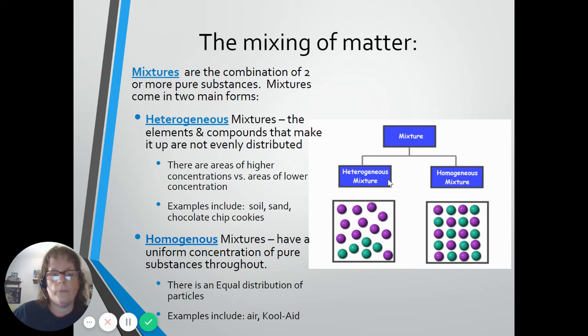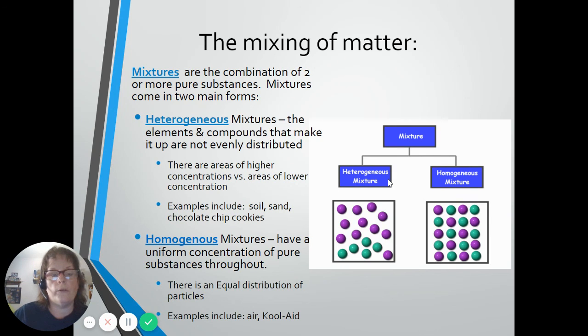All right, so you can mix matter up a little bit. And when you define mixtures, that's just meaning the combination of 2 or more pure substances. And mixtures come in 2 main forms. You can have a heterogeneous mixture. If you remember from biology, when we did genetics, hetero versus homo. The prefix hetero means different, the prefix homo means the same.